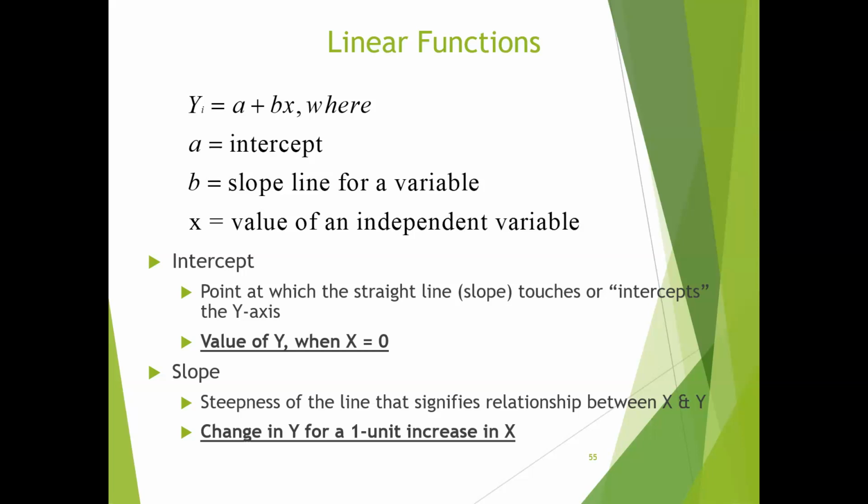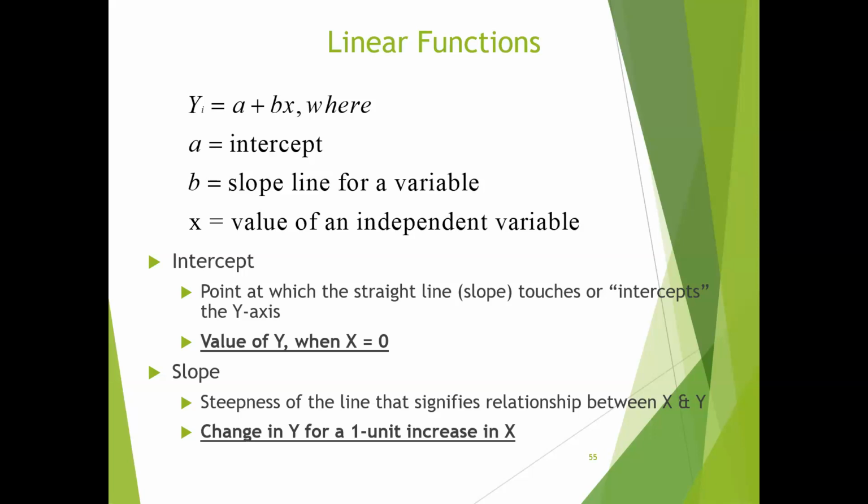Now that line can either slope upwards or it can slope downwards. If it slopes upwards, you say that the relationship between X and Y is positive. And if it slopes downwards, you say that the relationship between X and Y is negative.